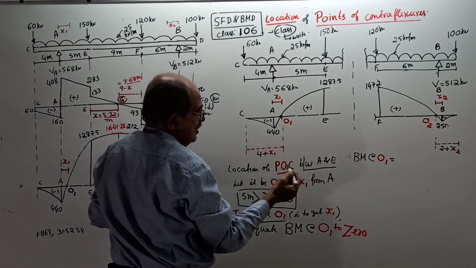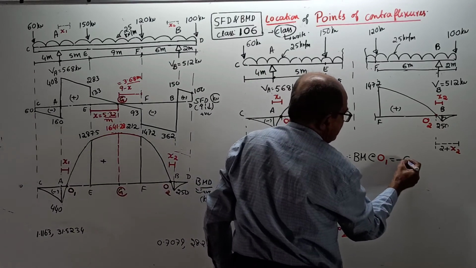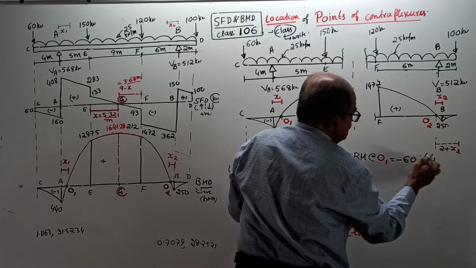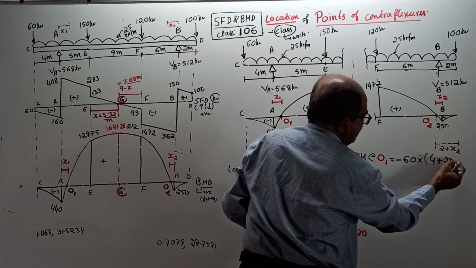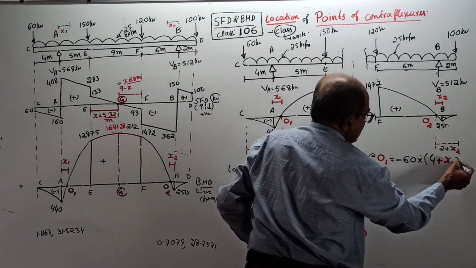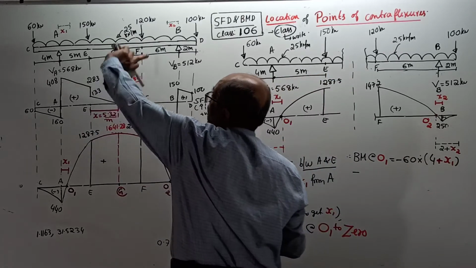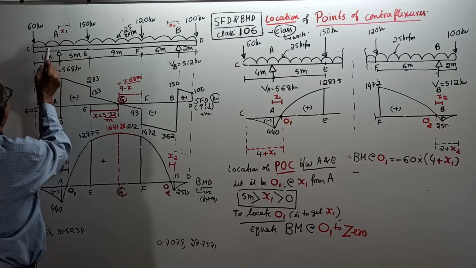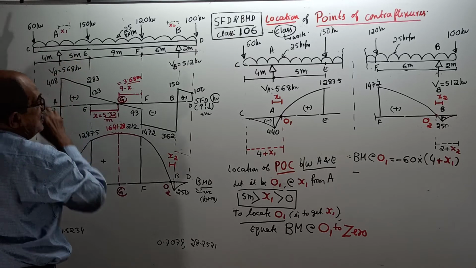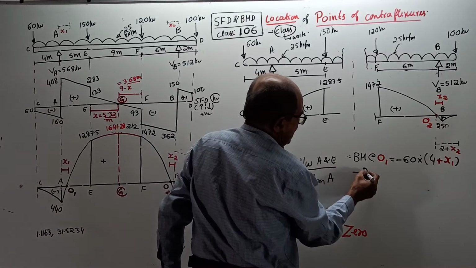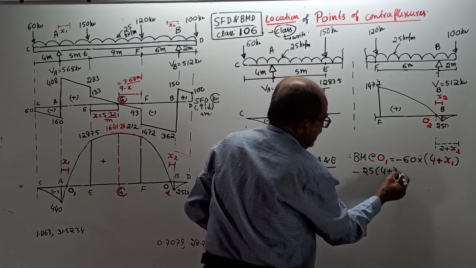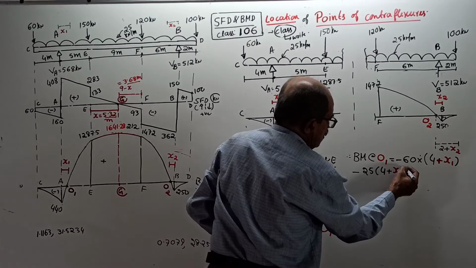See, I'll write here now. It is minus 60 into 4 plus x1, x1 is red color, again minus 25 kilonewton per meter into 4 plus x1, which is the total load.